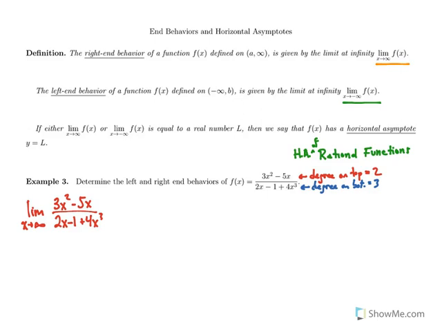So because the degree on the bottom is bigger, then by properties of rational functions, we know that there is a horizontal asymptote at y equals 0. And that's just another way of saying that the limit as x approaches infinity here is going to be 0.